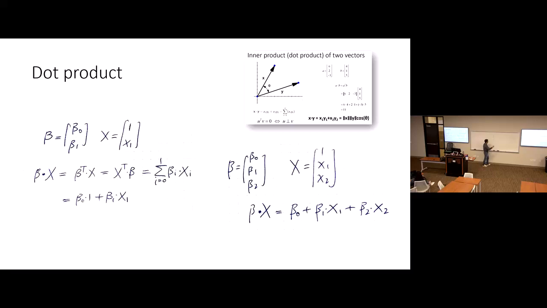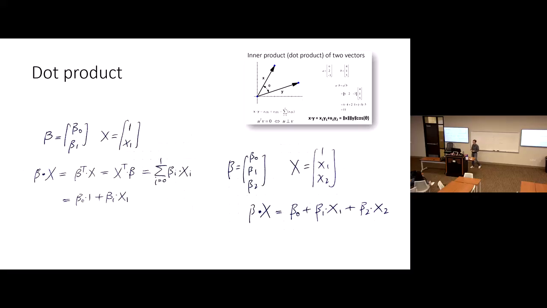If you write it out, y equals beta 0 plus beta 1 times x1. So this is the regression line here.